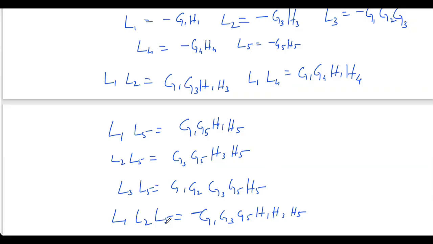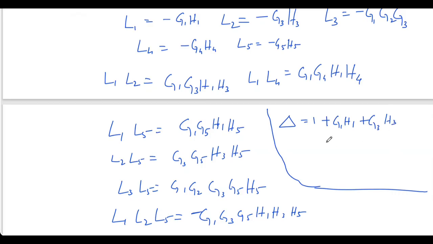So delta is 1 minus sum of the loops: 1 plus G1 H1 plus G3 H3 plus G1 G2 G3 plus G4 H4 plus G5 H5.